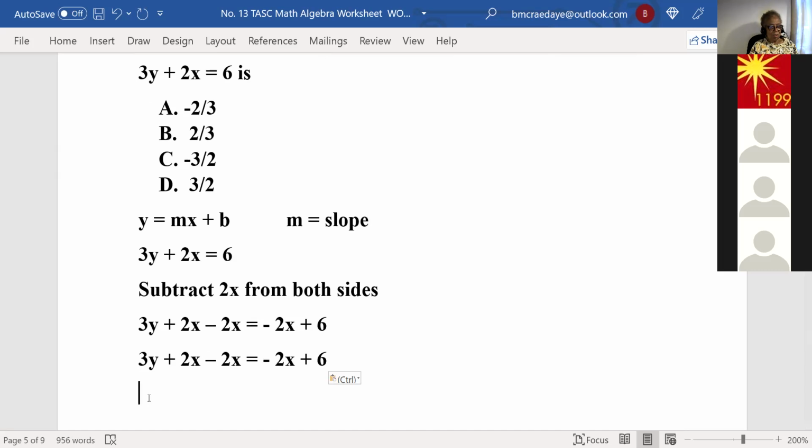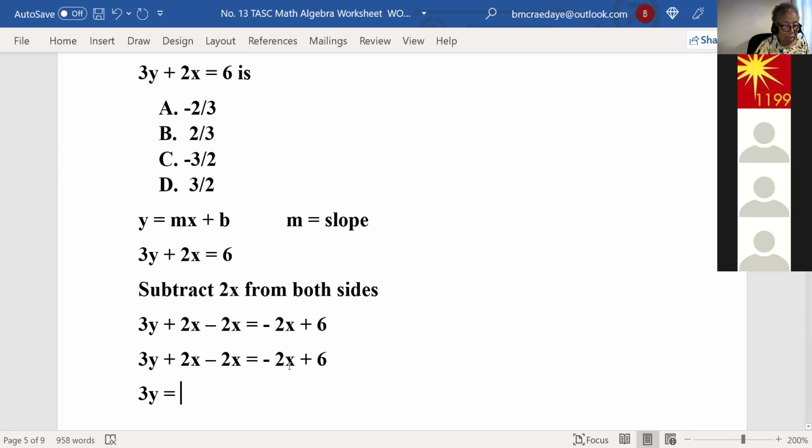Same expression, plus and minus gives you 0. Oh, 0. Right. So plus 2x minus 2x is 0, and you'd have left just 3y.